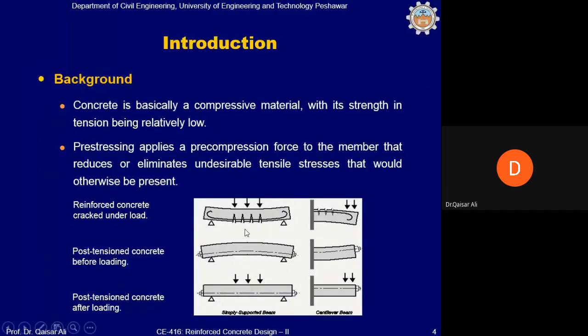With the increase in the load, tensile stresses will keep on increasing, and if there are no reinforcing bars, then the beam will collapse very quickly and suddenly, because these cracks which will appear on the tension side will propagate upward very rapidly, and the beam will collapse and will be broken into 2 pieces.